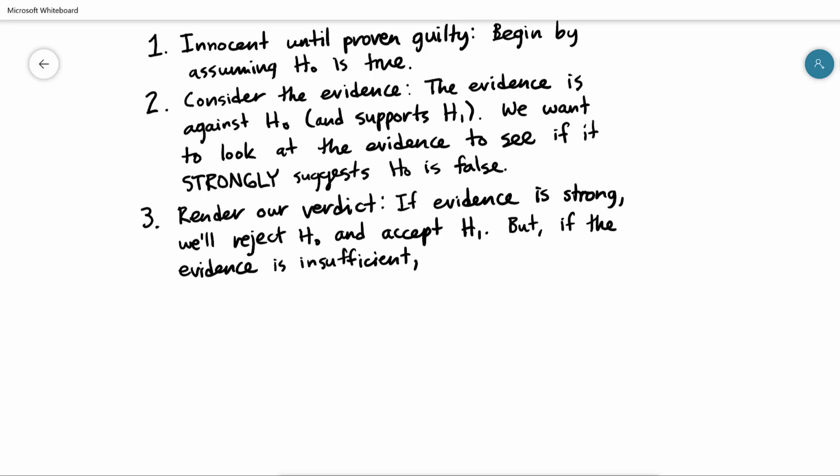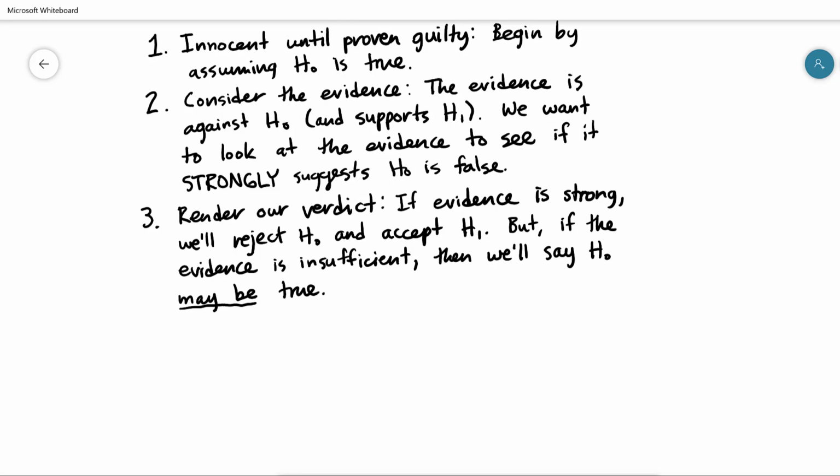We'll never know for sure whether this person is guilty or not, but we just will say the evidence wasn't strong enough to convict this person. That's kind of the idea. So we'll say that H naught may be true. And this is important, may be true. We'll never say that it is true. We'll just say this person may be innocent, so we don't have strong enough evidence to convict. That's kind of the idea.